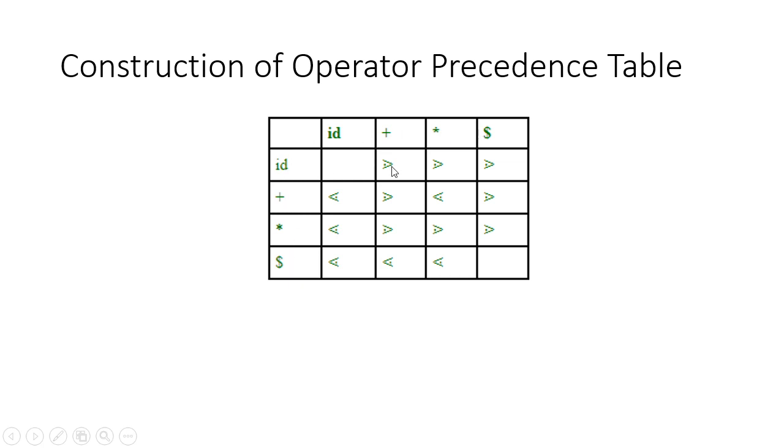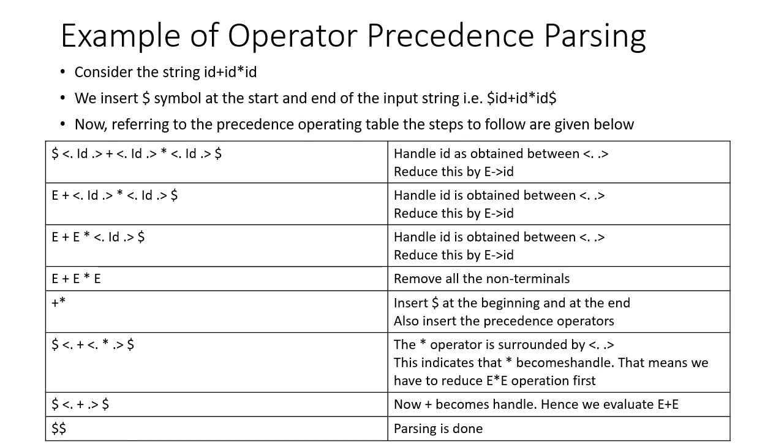So we can say that id has more precedence than plus, id has more precedence than asterisk, id has more precedence than dollar, plus has less precedence than id, plus has more precedence than plus, plus has less precedence than asterisk. In this way we can create the table. Once the table is created, then we can always parse it. It becomes very simple for parsing.